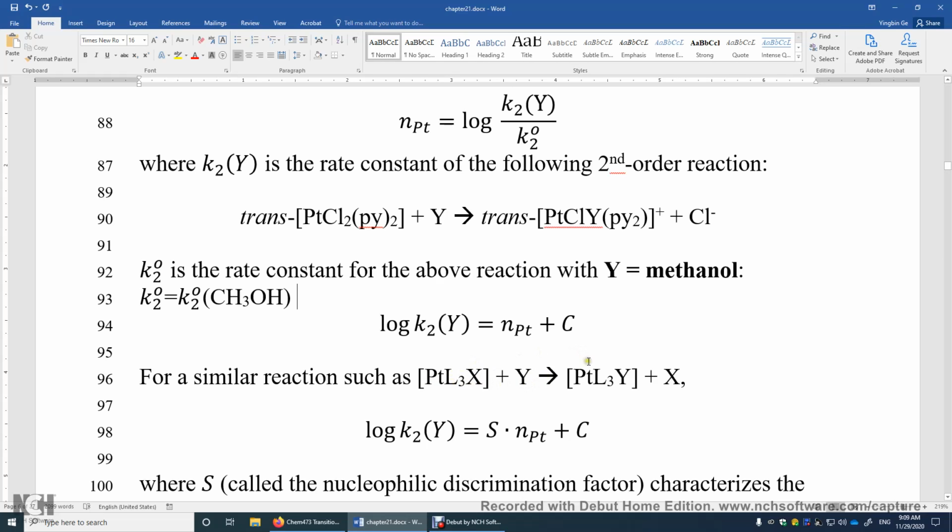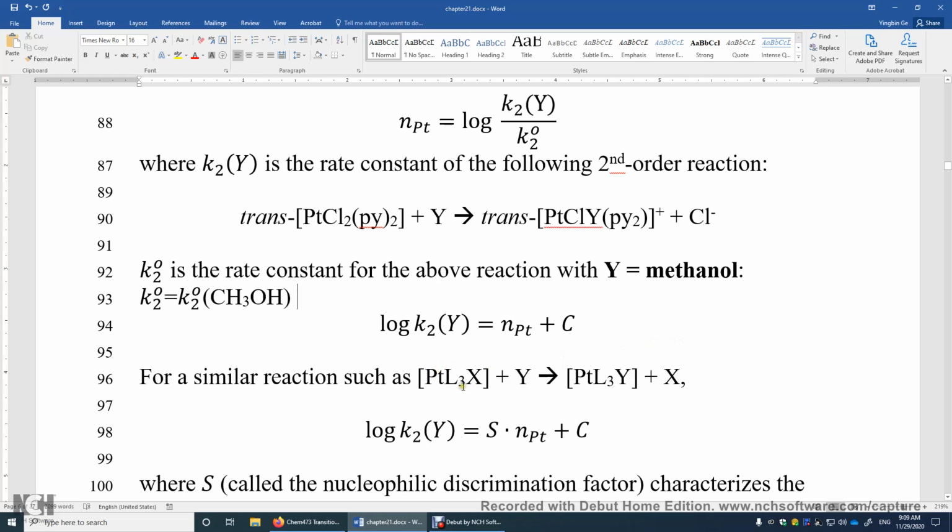And we're going to just measure the reaction rate constant, assuming this is going to be second order. So we're going to have the slowest rate limiting step that involves the reaction between this Y and the complex. This Y is going to form a bond with this platinum center.